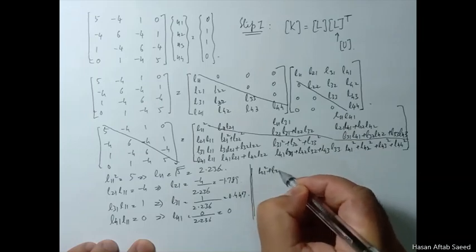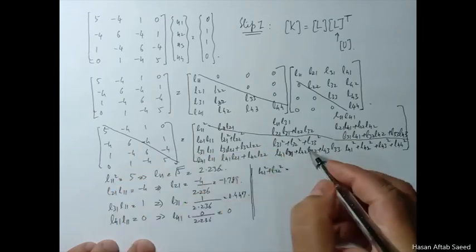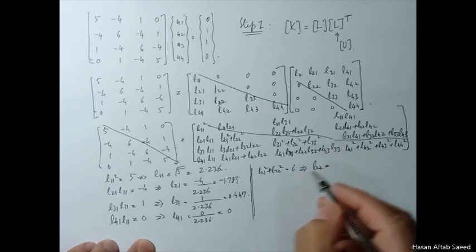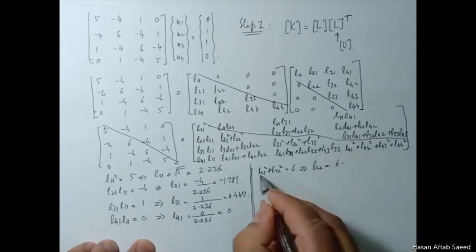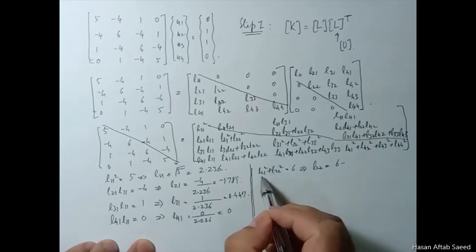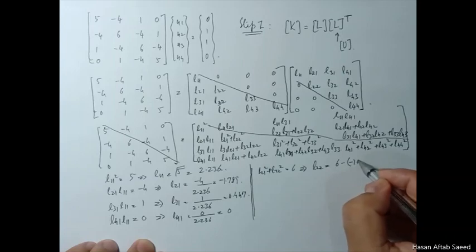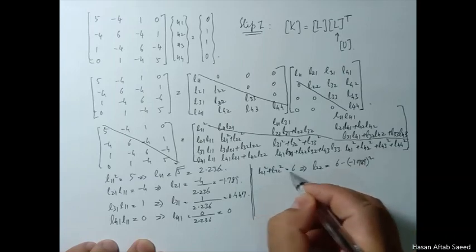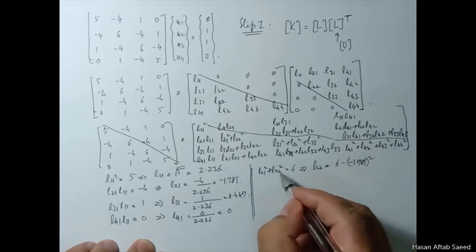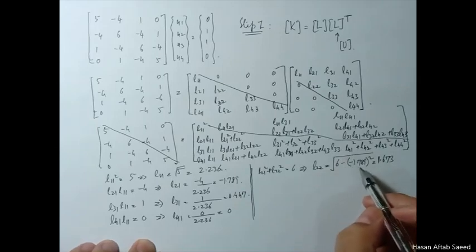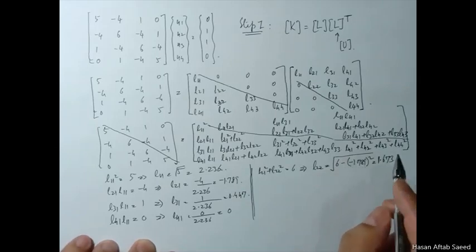L21 square plus L22 square is equal to 6, which implies that L22 is equal to the square root of 6 minus L21 square. L21, we have this minus 1.789 square, and then you take the square root, and this is 1.673. You'll be taking the square roots in the diagonal elements. Just take the positive value.